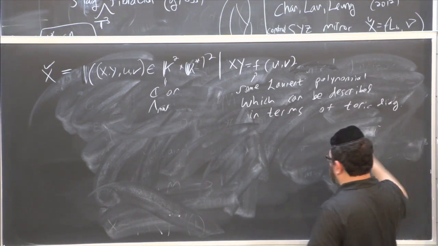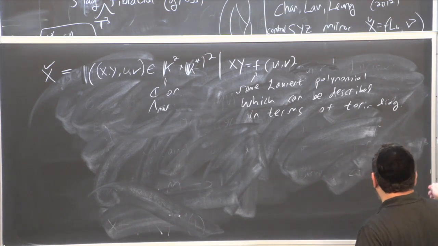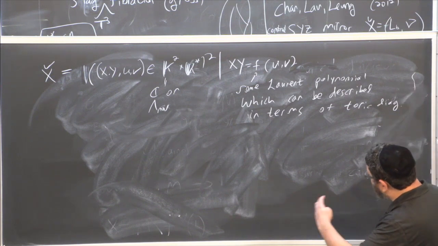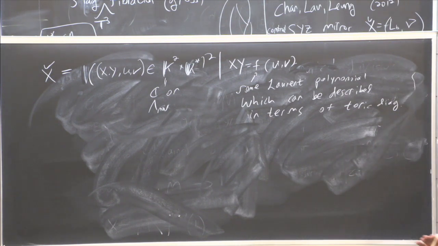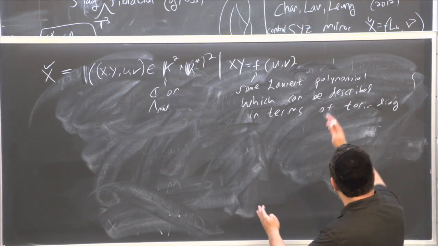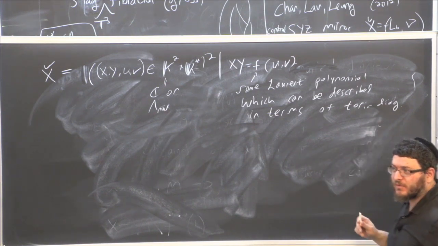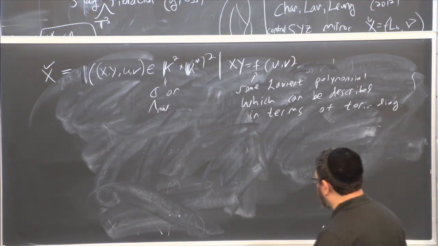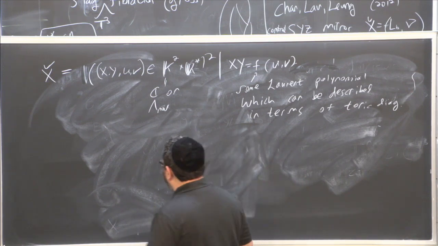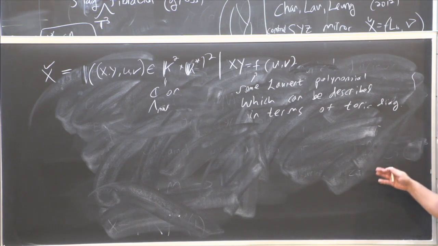So it's a rather explicit Laurent polynomial, which I won't write down, but we can really tell what monomials appear in it. In the work that I mentioned, it's not completely clear what the constants are, but the techniques of mirror symmetry should allow us to tell also what the constants are. Okay, so this is the geometric setup.